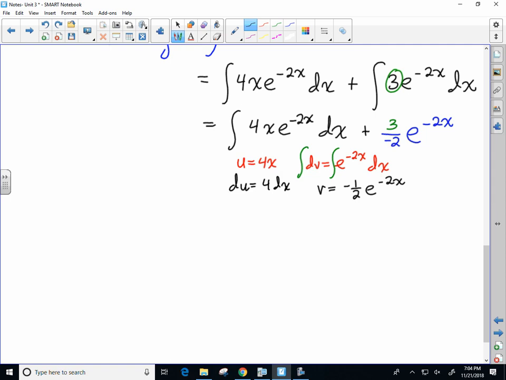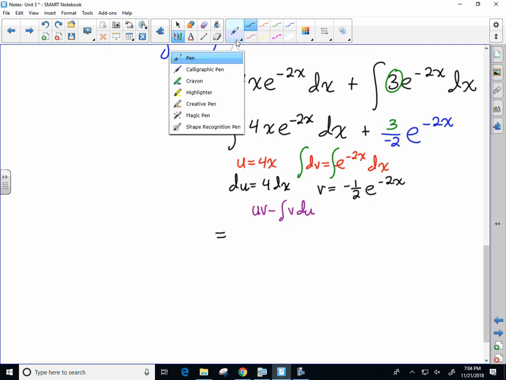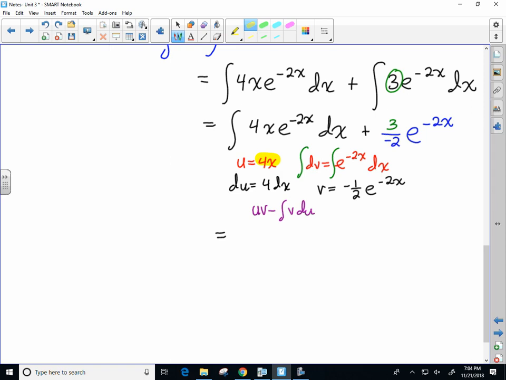So uv minus the integral of v du. We're looking at 4x multiplied by the negative 1/2 e to the negative 2x.